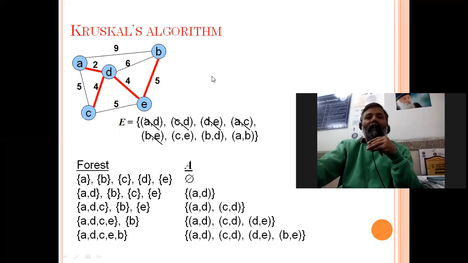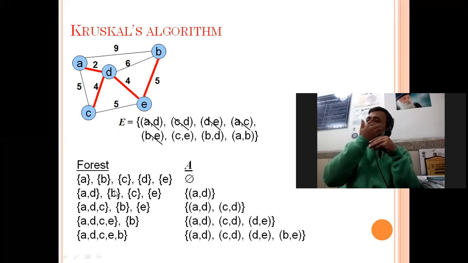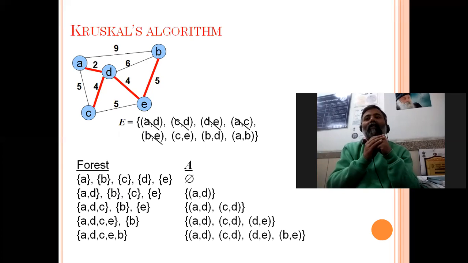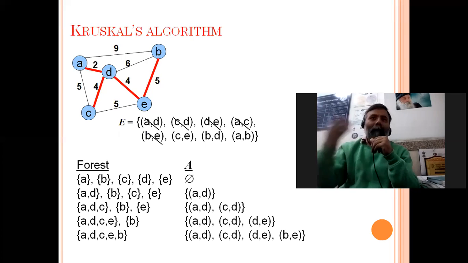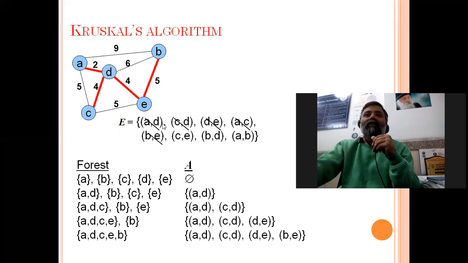So we had the same cost as by Prim's algorithm, and we got the same minimum spanning tree. But it may be that if you find the MST by Kruskal's algorithm and by Prim's algorithm, maybe we get different MSTs, but the total cost of the edges involved in the MST will be the same.